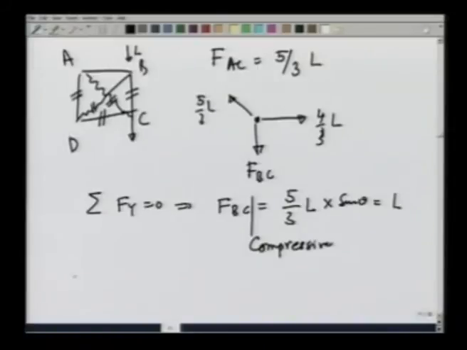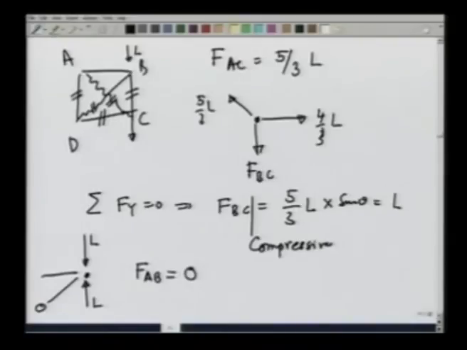Let us now look at point B. The joint B is under load L, then it is being pushed by FBC, which is L. There is 0 force due to the rope, and therefore, FAB comes out to be 0.